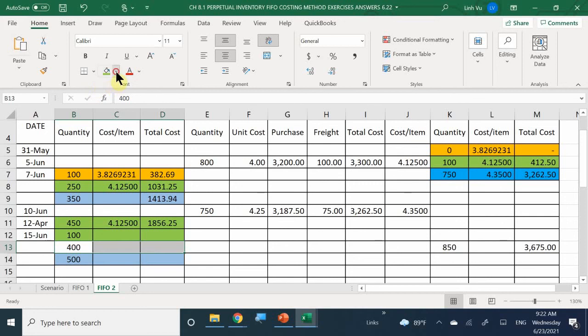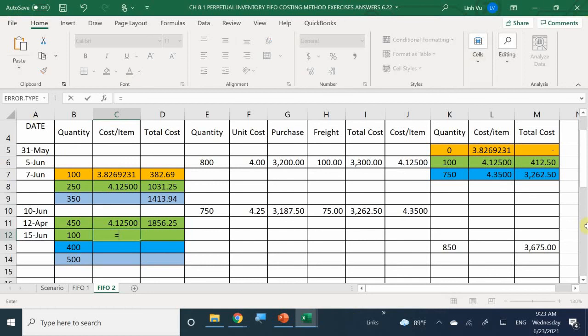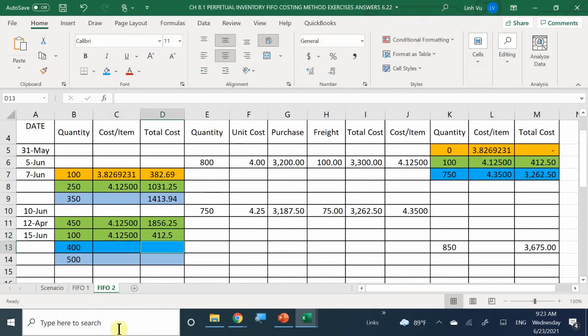All right. So in this case, we already know what 100 looks like. If we look at our number up here, we know that if I sold all of my 100 items left, I get a total of $412.50. We know that just by looking at that, we're going to get rid of the whole entire thing.